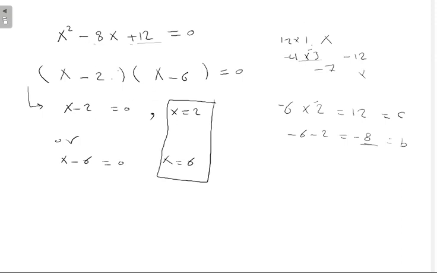Let's take another example. For example, if I have 2x squared plus 14x plus 24 equals to 0. It's better if we can transform this to x squared plus bx plus c, where a equals to 1.